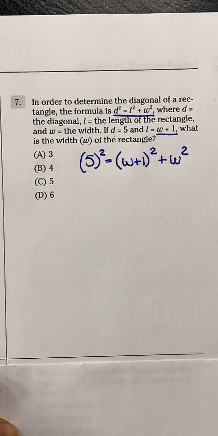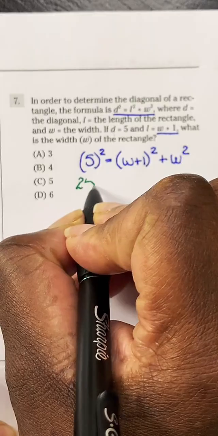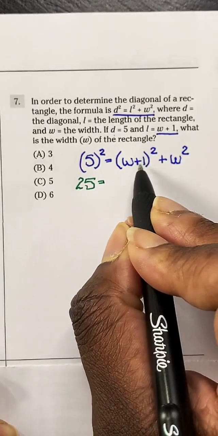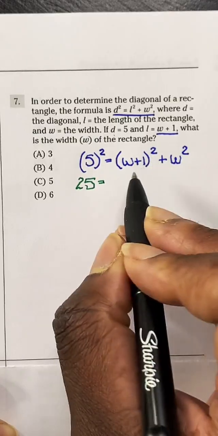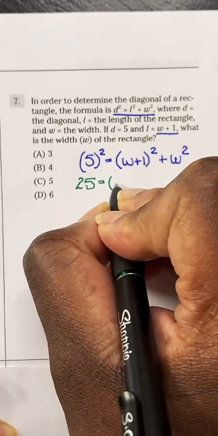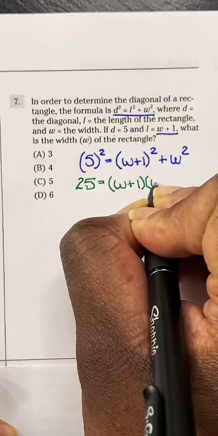Now, when we get into it, we have 5 squared, so that gives us our 25. Now, our W plus 1 is being squared. Anytime you are squaring an expression, you have to write that bad boy down as many times as the exponent tells you.